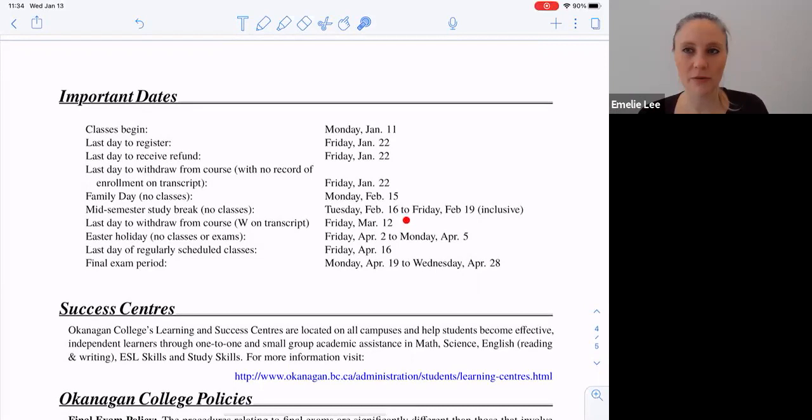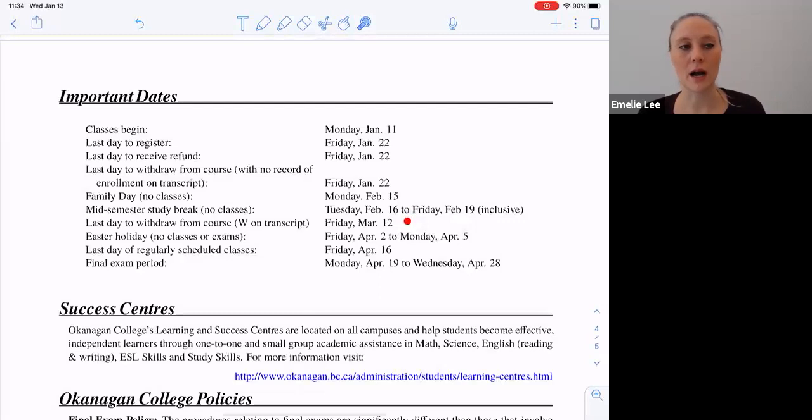March 12th, now that's pretty deep into the course, right? By March 12th, you should have a pretty good idea of where you might end up in the course. If for some reason you suspect that you'll be failing the course, you're better off just withdrawing with a W, because a W doesn't count towards your GPA.